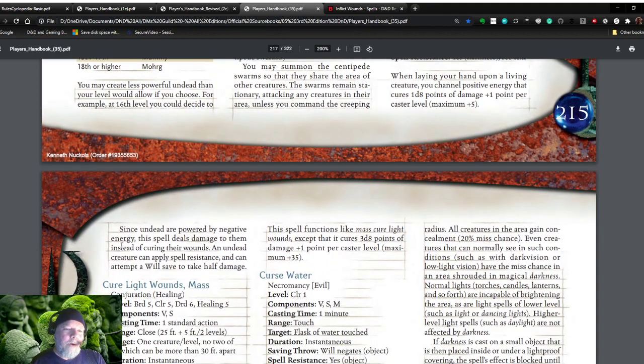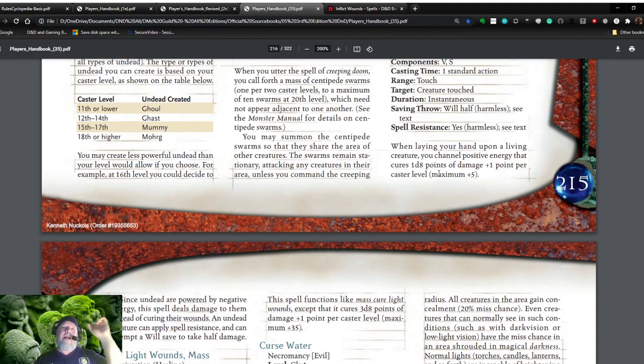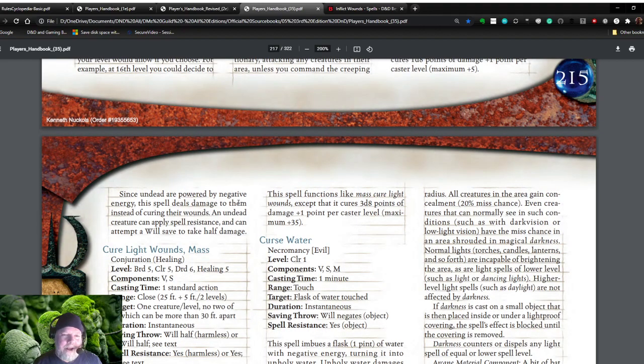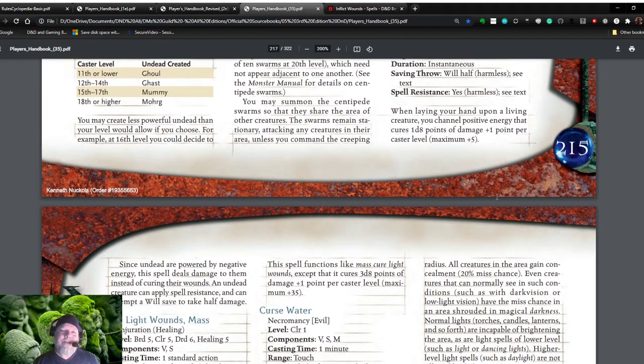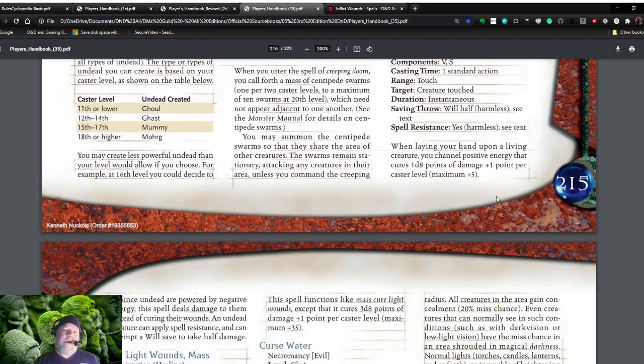Since undead are powered by negative energy, this spell deals damage to them instead of curing their wounds. Okay, all right. So that's where I was getting it. I was remembering it, but it was actually third edition. The specific verbiage of this came into existence later in the game than I thought it had. But this is an important thing to think about when you are running a game.